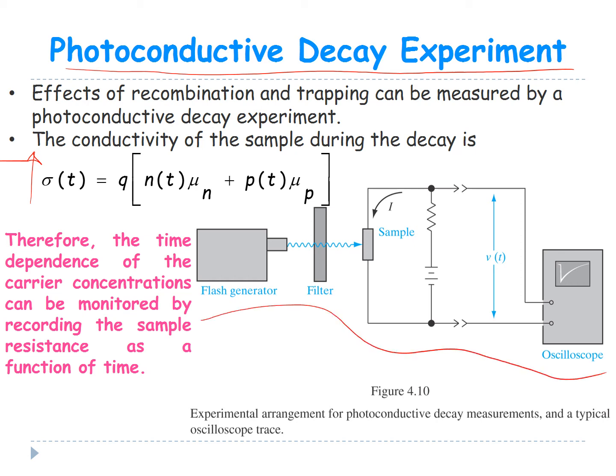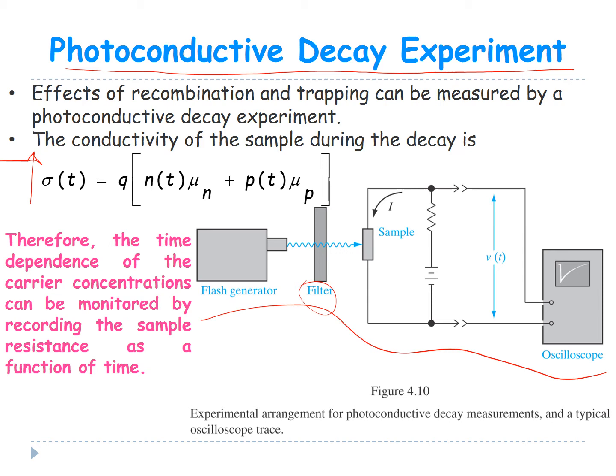You get a flash generator and a filter or a monochromator of some sort, something that passes only the light of the specific wavelength that you want, and then you shine that light on a sample, and then you can measure the voltage across the sample.